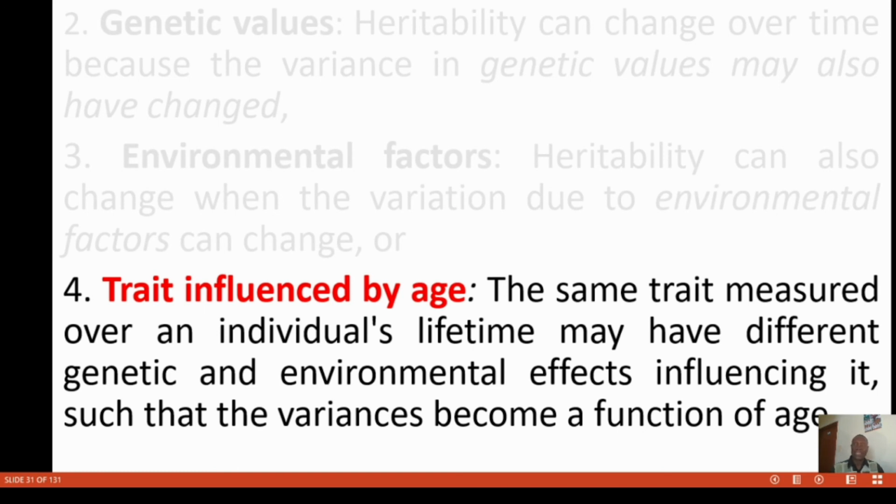The other aspect is that traits are influenced by age, because remember we have age determining alleles. And if we have age determining alleles that have been switched on as we age, then they change the trait.